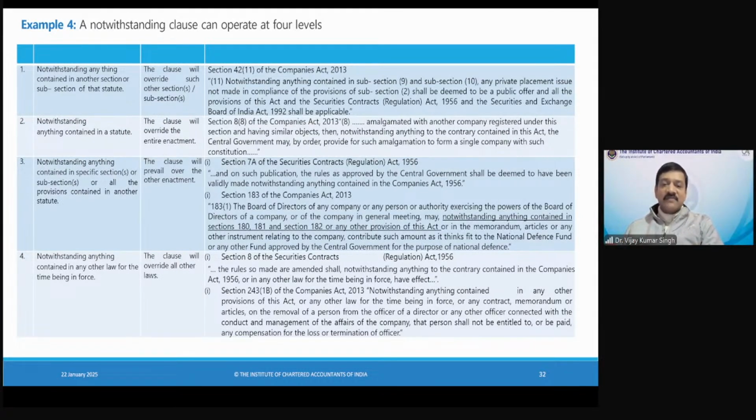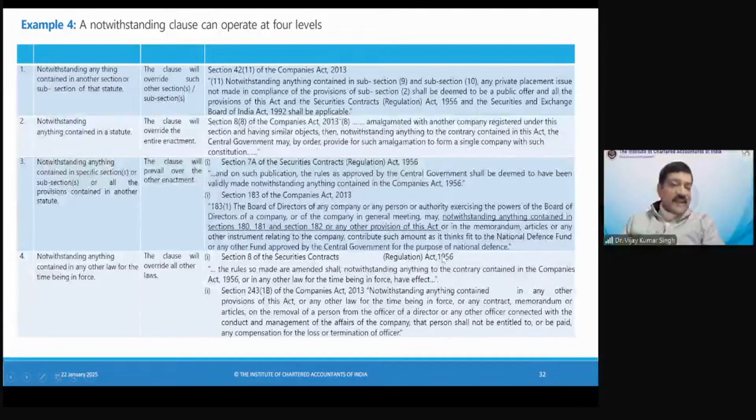Similarly, section 183 of the Companies Act, what it is referring to, it is saying the board of directors of any company or person or authority exercising the power of board of directors of a company, so and so, and it is referring to National Defense Fund or any other fund approved by the government. So it is saying notwithstanding anything contained in that particular provision, it will not be applying here.